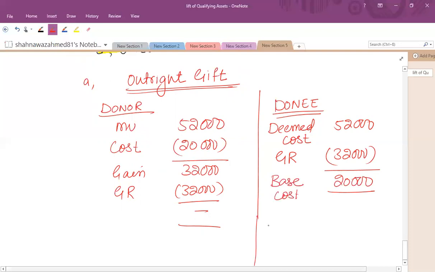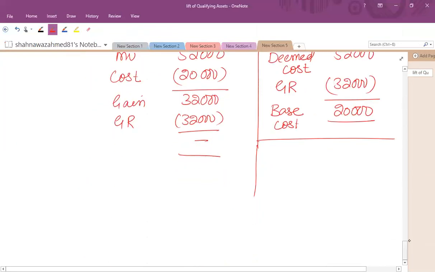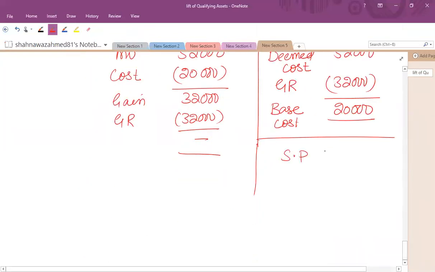Now donee has subsequently disposed of at a price of 95,000. So sale proceed is 95,000 and the base cost is 20,000. So our chargeable gain is 75,000.